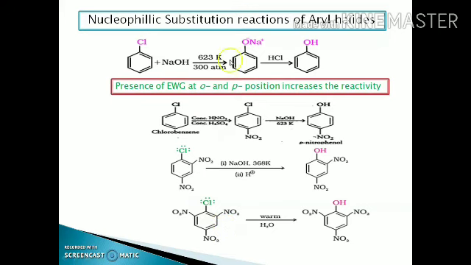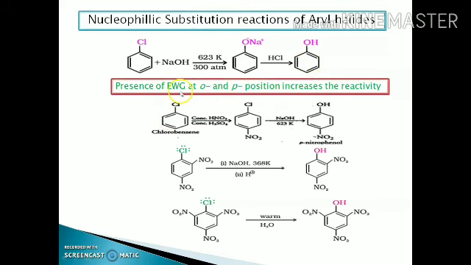Now, let us discuss some nucleophilic substitution reactions shown by the aryl halide. Simply, if you want to convert chlorobenzene into phenol, when you treat the chlorobenzene with sodium hydroxide, firstly it will form sodium phenoxide, and the sodium phenoxide on treatment with an acid will form sodium chloride, Na positive and Cl negative combine, and H positive combines with the oxygen to give the respective alcohol.